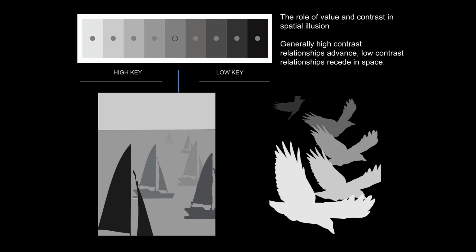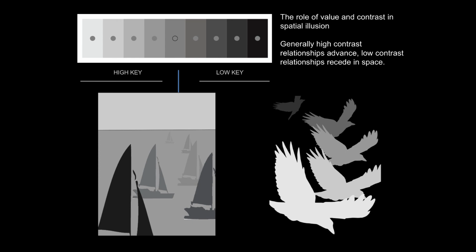But if you look at the birds, the ground is black and the bird closest to us is white. It's not that either white or black have any kind of spatial indication. It's the contrast between the two that really does that. So you see the bird in the background is getting closer to the value of the black, so there's less contrast.